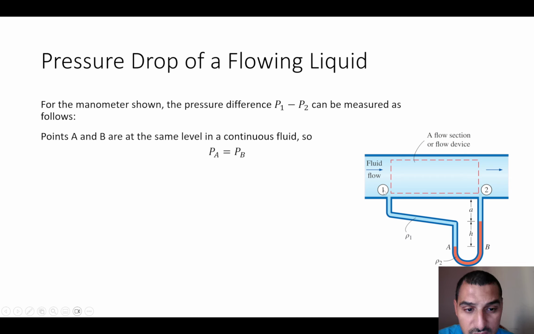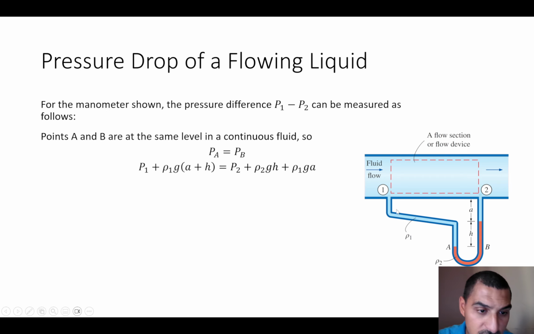So pressure at A is P1 plus rho G, and this is the rho of the flowing fluid, G times A plus H. And here the pressure at B is P2 plus rho of the flowing fluid, A times G, plus rho of the manometer fluid times G times H. So we can find the difference in pressure by simplifying the equation.